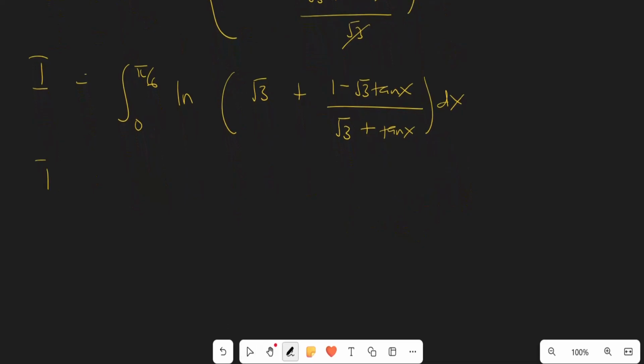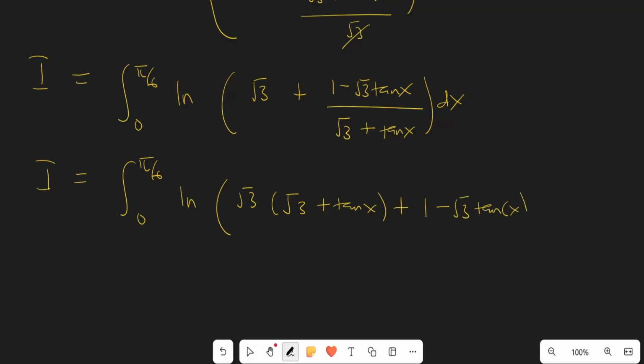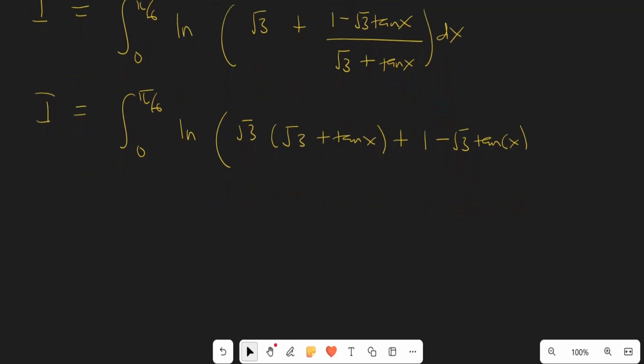We can multiply out, equal to the integral from 0 to pi over 6 of the natural logarithm of, multiply this one out, square root of 3 times the square root of 3 plus tan of x, plus 1 minus the square root of 3 tan of x, dx all over square root of 3 plus tan of x.